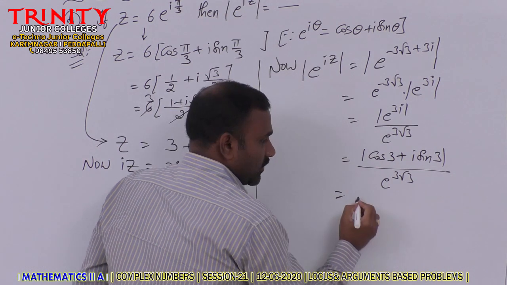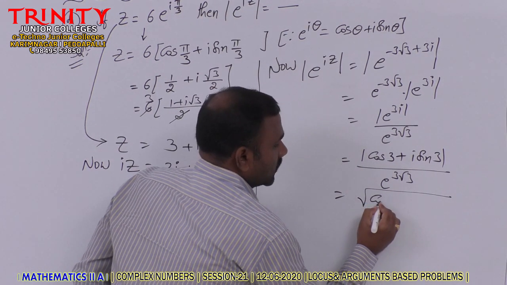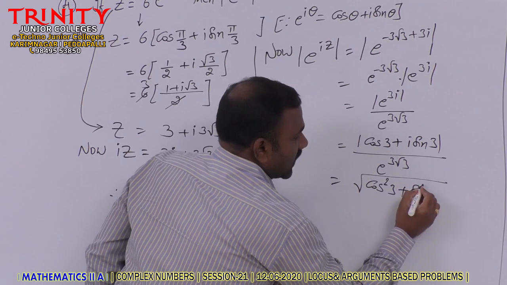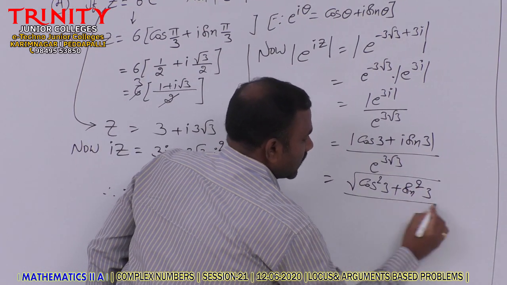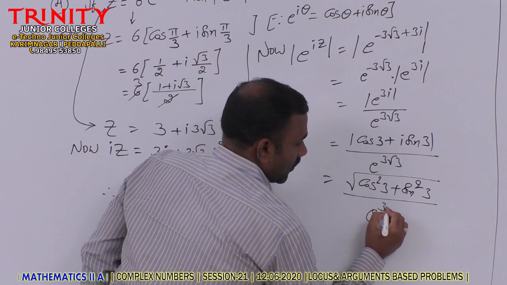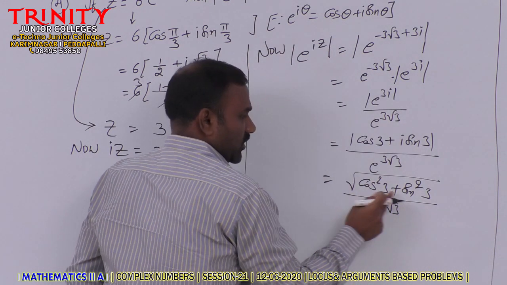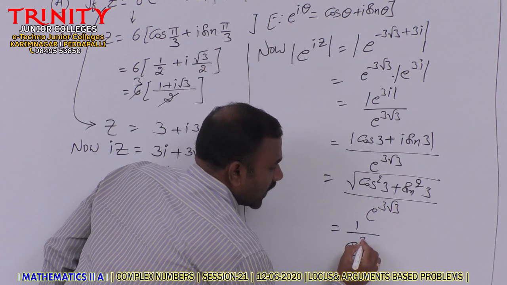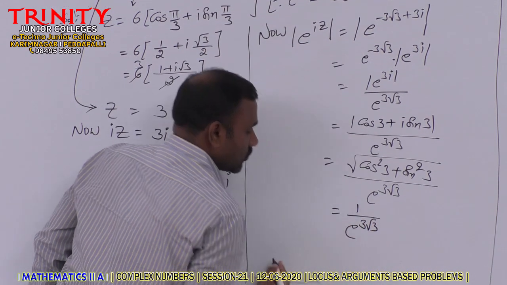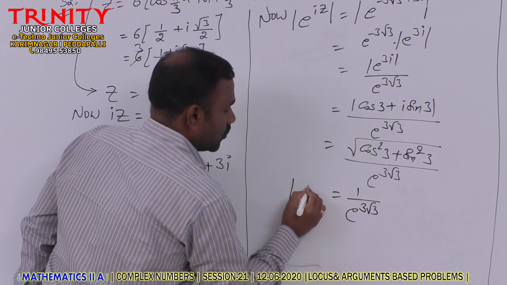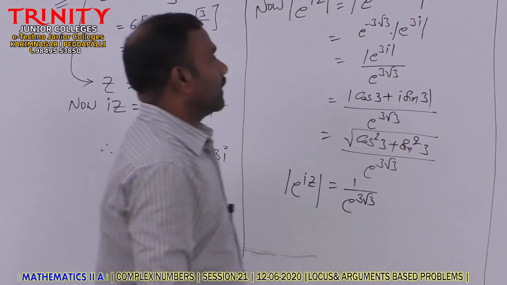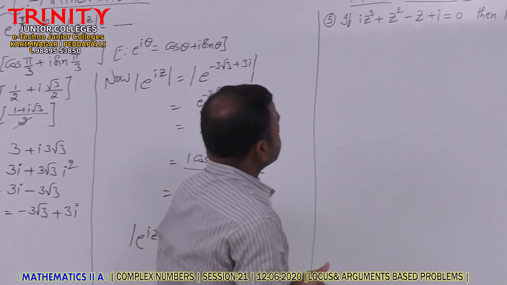Modulus of a complex number is nothing but under root cos square 3 plus sin square 3 divided by e to the power of 3 root 3. Cos square theta plus sin square theta is 1. Therefore, the value is 1 by e to the power of 3 root 3. This is the value of mod e to the power of iz. We'll go for the next problem.